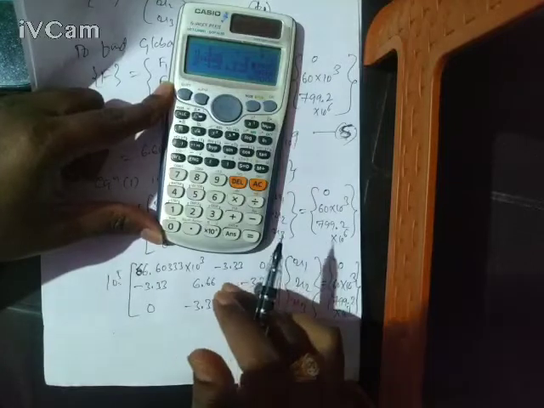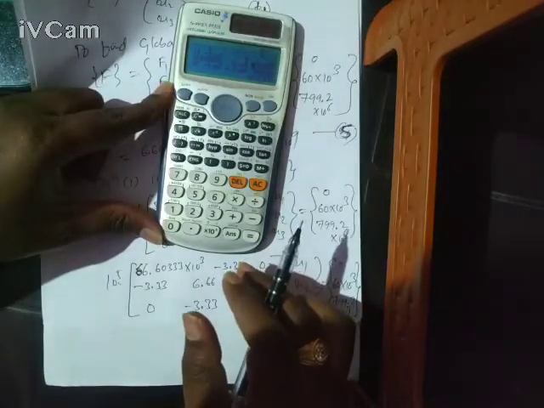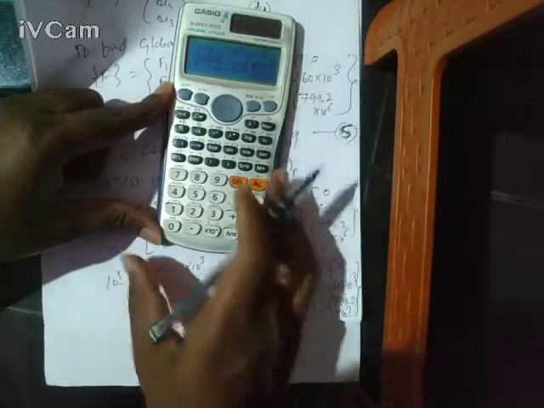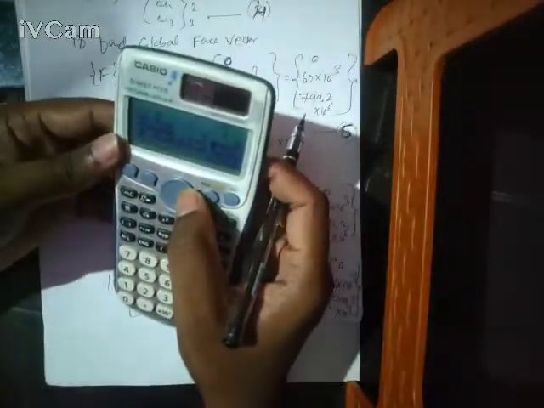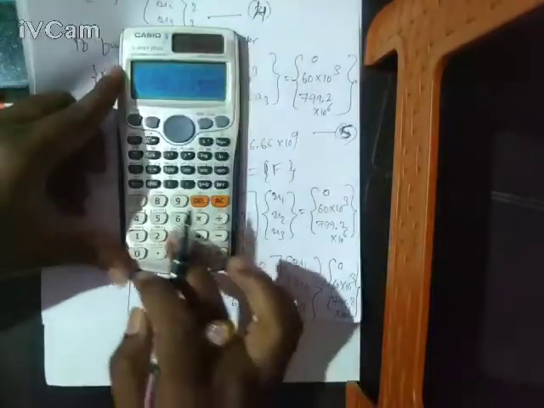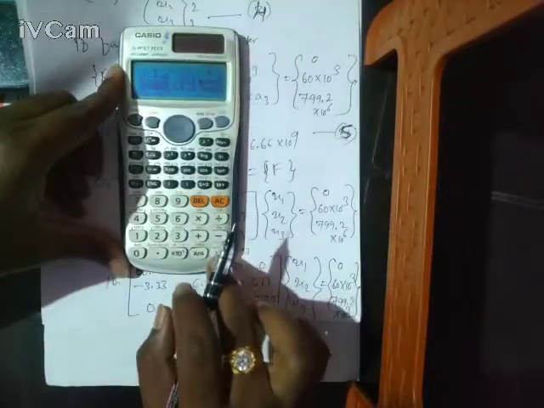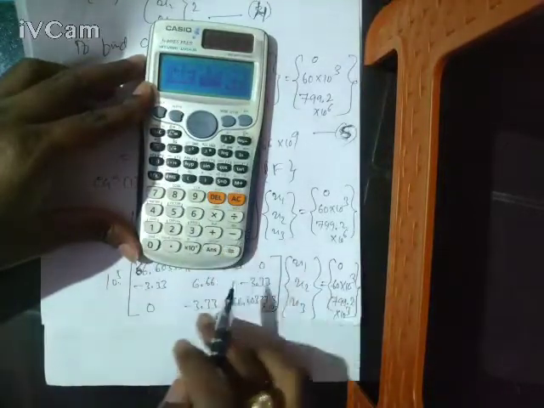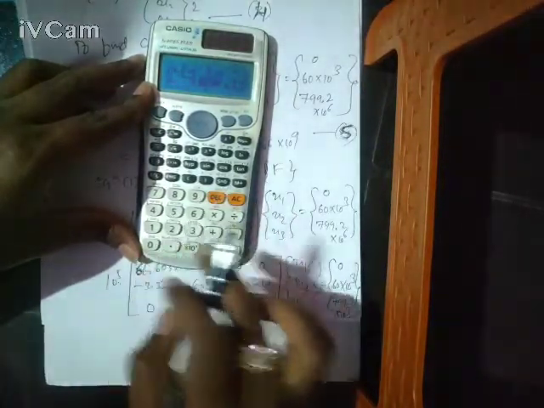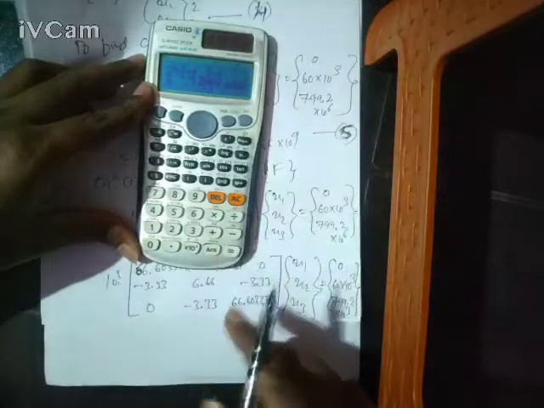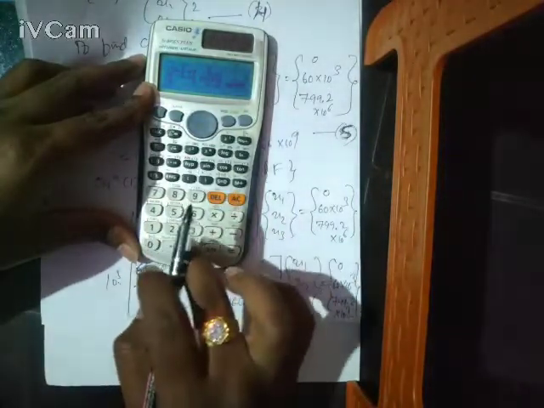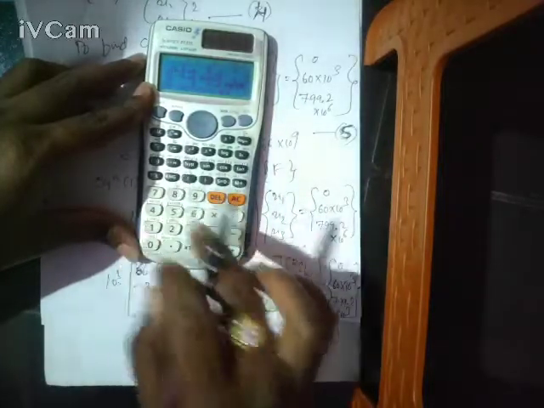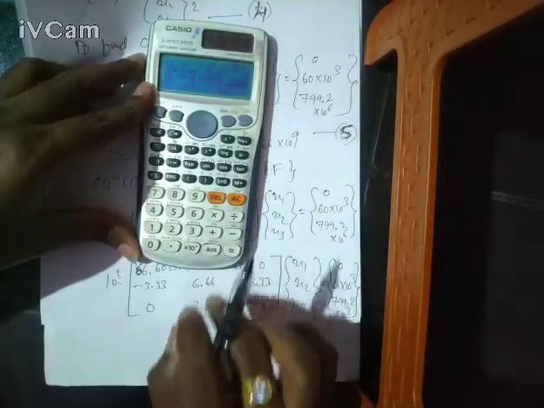Next is what? Where is the cursor now? Yeah, at D, D2 is 10 to the power 3, load. Now it came at this position, it is 0, minus 3.33 into 10 to the power 5, okay. So this is 66.60333 into 10 to the power 8, okay.